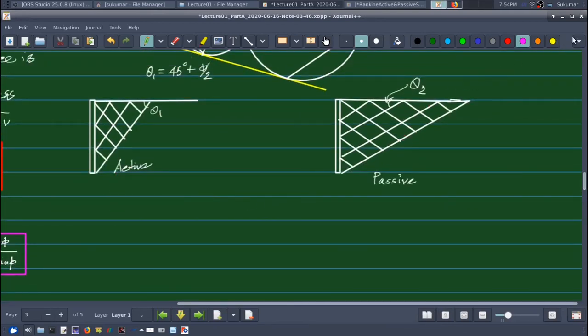We will get sigma 1 equals sigma 3 times 1 plus sine phi by 1 minus sine phi, plus twice c times root over this same factor, 1 plus sine phi by 1 minus sine phi.